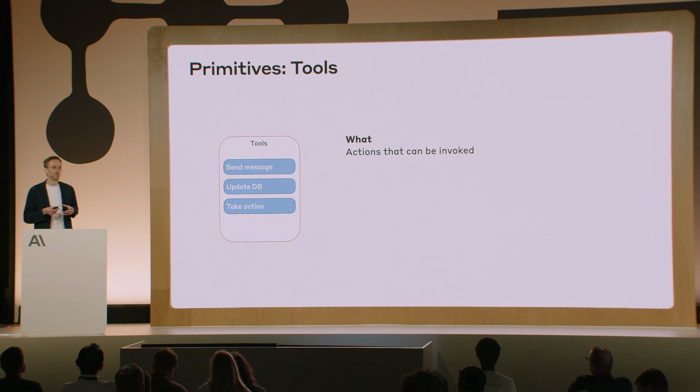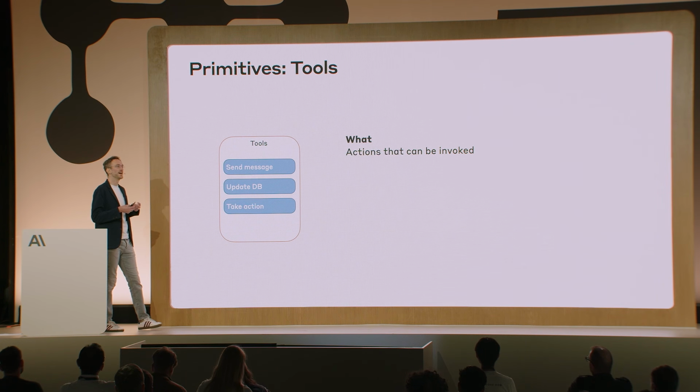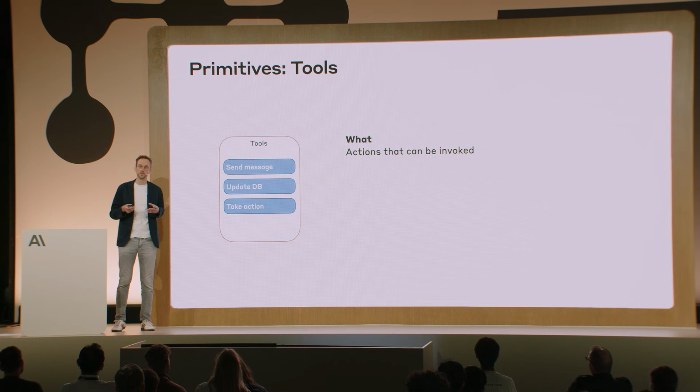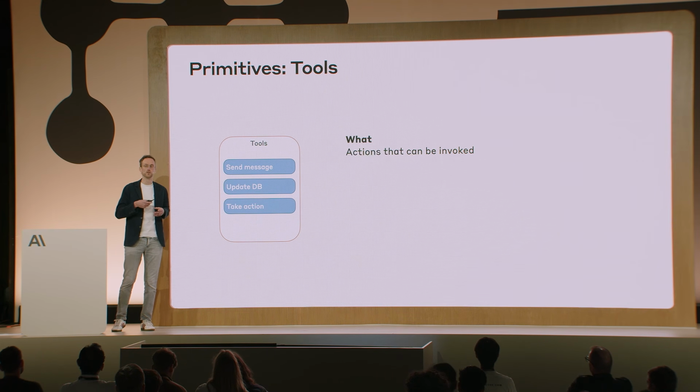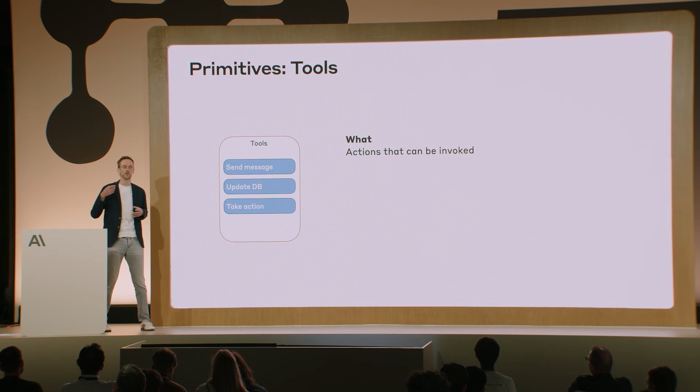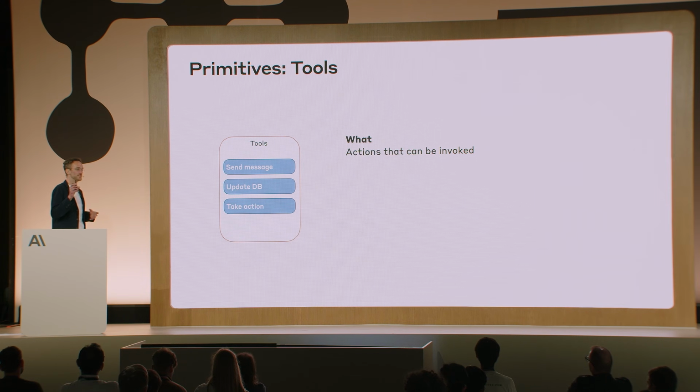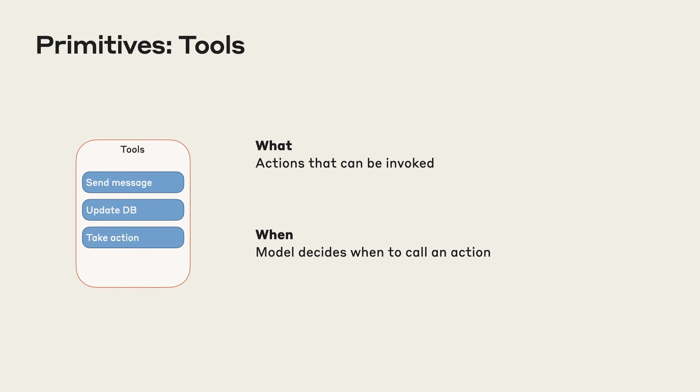I think one of the most magical moments when you build an MCP server is when the model for the first time invokes something that you have built, and it has this little impact, like querying a database for you, or whatever it might be. But this is the thing where the model decides when to call an action. And so these are three very basic primitives that the protocol exposes.